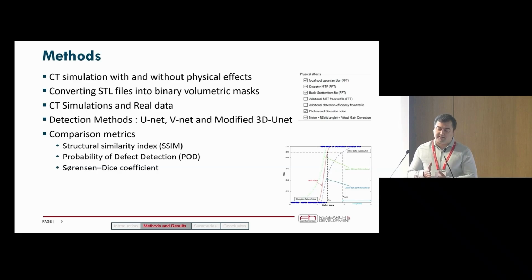A90 means the defect size at 90% probability, and A90/95 is with the confidence bounds. What we learned from these POD curves is that after A90/95, all of the defects have to be detected with a probability of 90% plus with a confidence level of 95%.